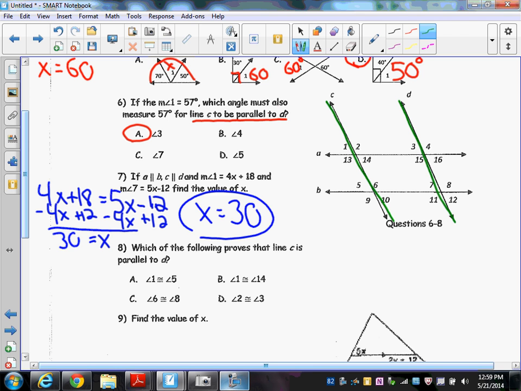There's no transversal that runs through it. 1 and 14 deal with this transversal, but they never touch this second line here, this D line. So that's not true. We have 6 is congruent to 8. Whenever I trace that transversal, here's 6, here's 8. I see that's going to be the correct answer.